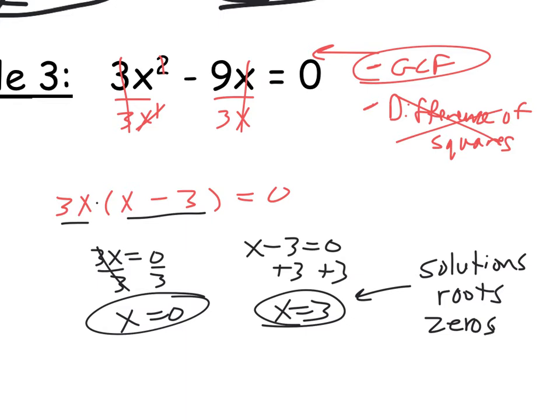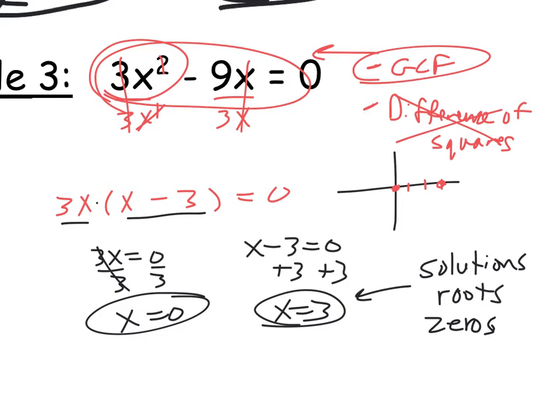And what I'm trying to get at is this. There's solutions, right, for this quadratic function. There's zeros too, so it crosses at 0 and it crosses at 3. Now it's a positive 3x squared, so it opens up. So it's going to look something like this.